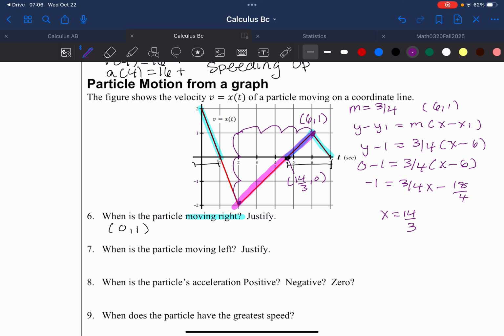Okay, so now we can finish our answer saying, okay, it's going to be from 0 to 1 and 14/3 to 7, since this is when v of t is greater than 0.